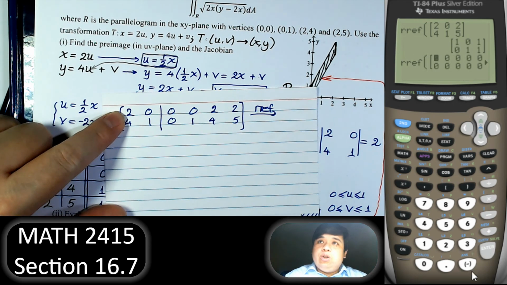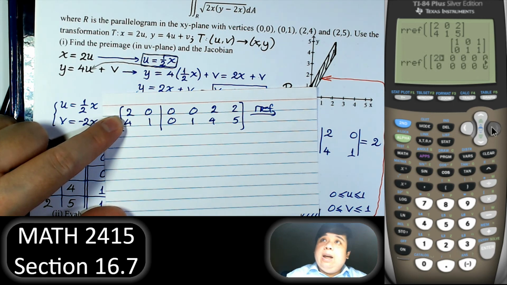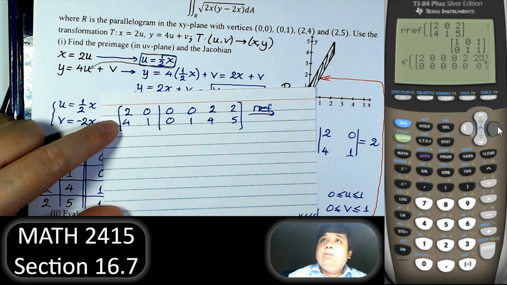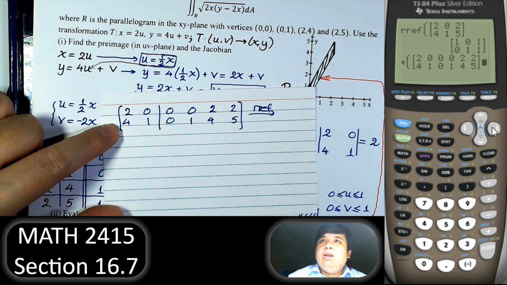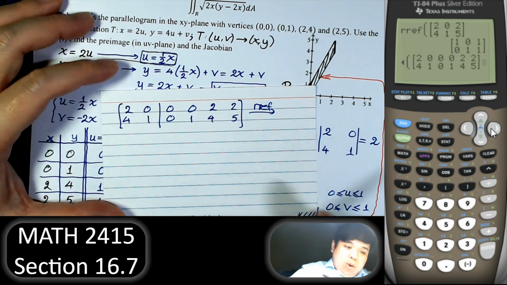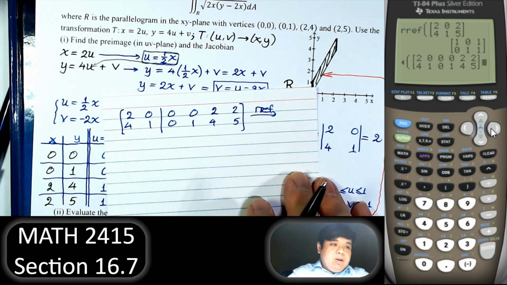So 2, 0, 4, 1, and then the points 0, 0, 0, 1, 2, 4, and 2, 5.